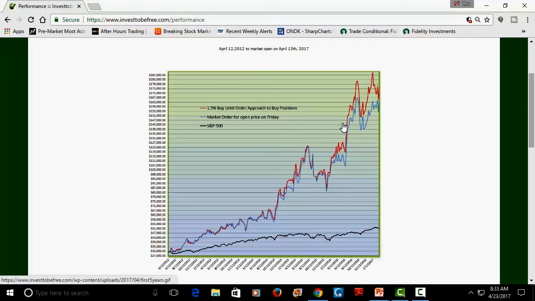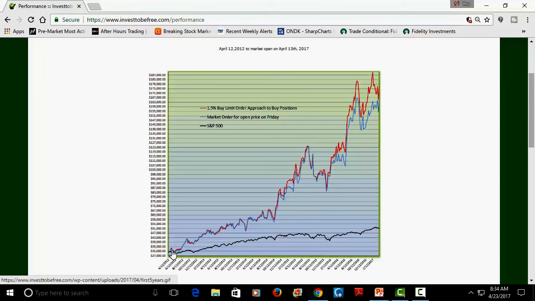And with this approach, the swing trading approach, which doesn't use any technical analysis after you enter the trade. There's more powerful technical strategies I'm going to teach you in this course, but you can see the difference between 40% plus per year over 5 years versus just 11% per year with the S&P 500.